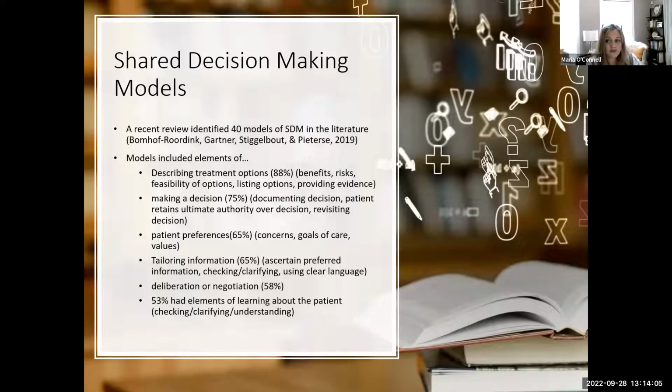And 53% of the 40 models had elements about learning about the patient.